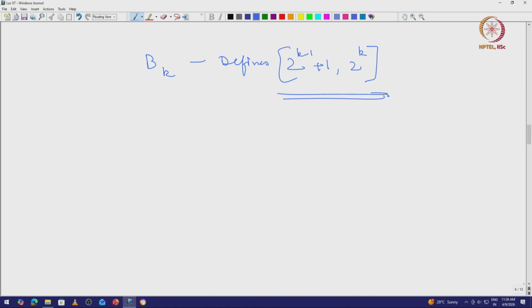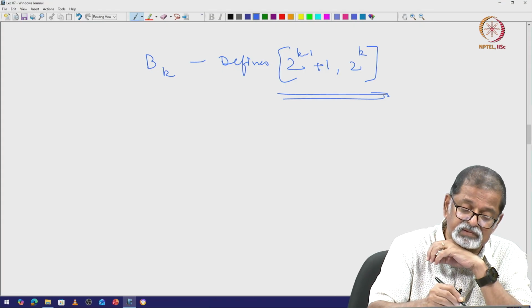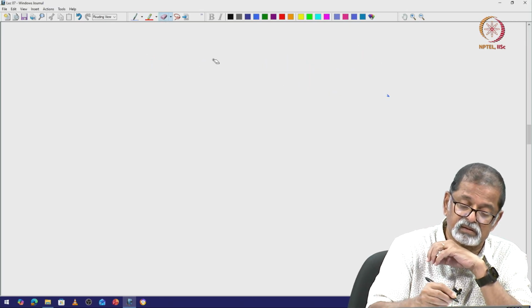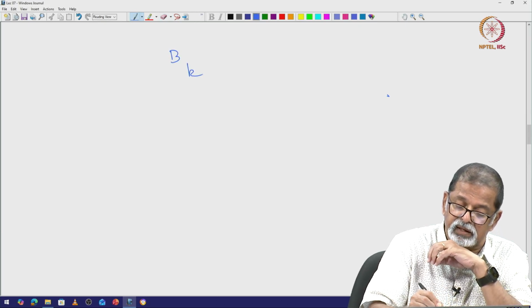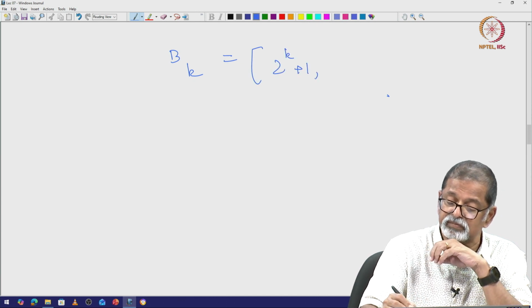Or I can change the notation slightly. I want to start from 1. Sorry, I will change it. We will define Bk like this: Bk is 2 power k plus 1 to 2 power k plus 1.